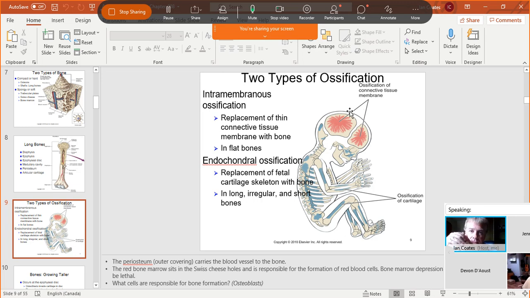And then we have the endochondral ossification, the replacement of the fetal cartilage skeleton with bone. So you see, babies' bones are not solid when they're born, but through endochondral ossification, these bones will solidify and get hard.